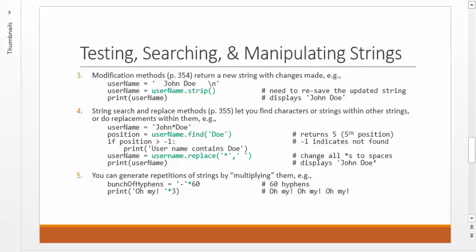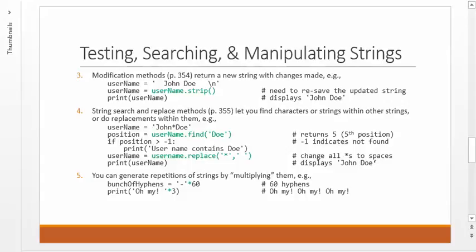So you have to understand that that's a signal to you that it didn't find it. So in this case, after it does that find, we can say if position is greater than -1, it must be a valid spot. Then we can print out that the username does indeed contain Doe. Now using that same string of username John Doe, you can do a replace command.